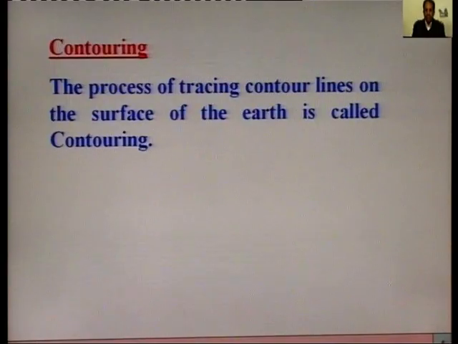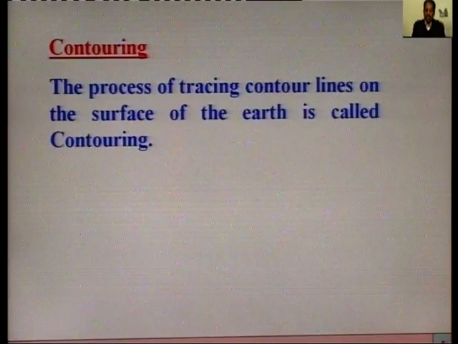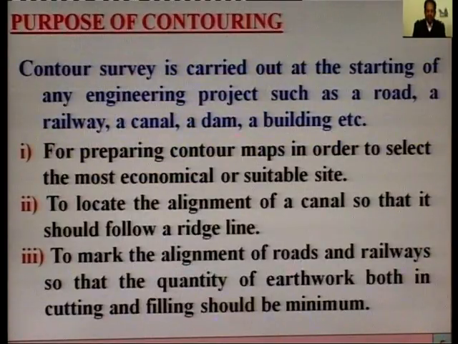That means the process of tracing a number of contour lines on the surface of the earth is called contouring, and it is generally done after the field survey, plotting the field data onto the sheets and then tracing the contour lines on the sheets.